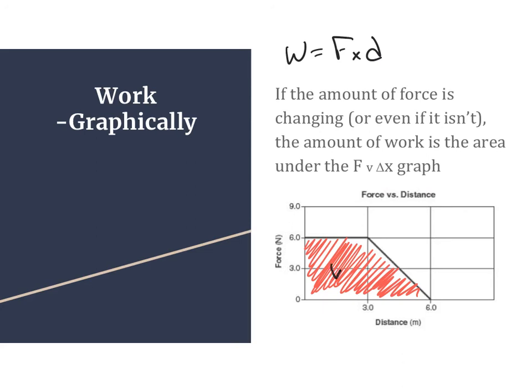So the area under a force versus displacement graph is the work done on the object. As we said, we can do positive or negative work, and we'll talk about that a little bit later. But ultimately, it is just the area. And that's pretty much it for work. We'll come back around and talk about it again a little bit more as it relates to energy in our next video.